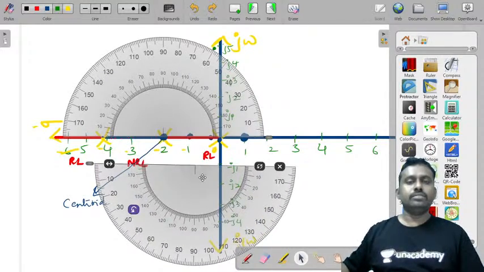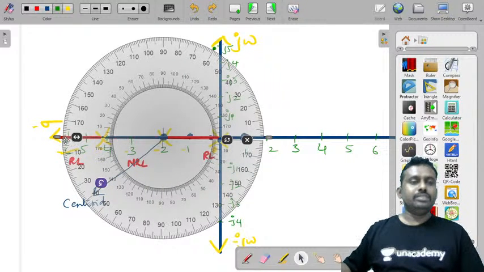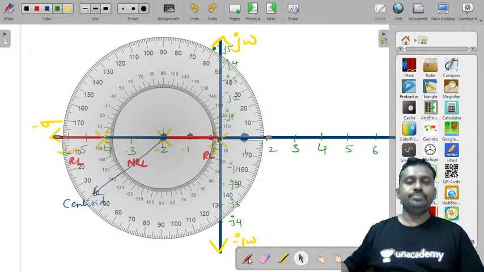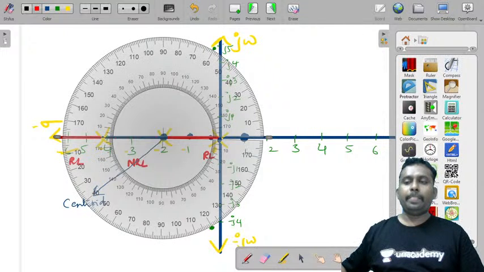Rotate this and place it at this point. And this is 180. 180 plus 120, so this point will give you 300 degrees. So draw some straight lines from these points.